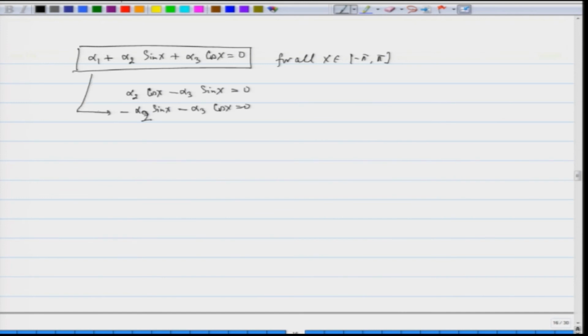I can use this equation and the original equation, just add them to get that alpha 1 is 0. Now, I can use these two to show that alpha 2 is 0 and alpha 3 is 0.